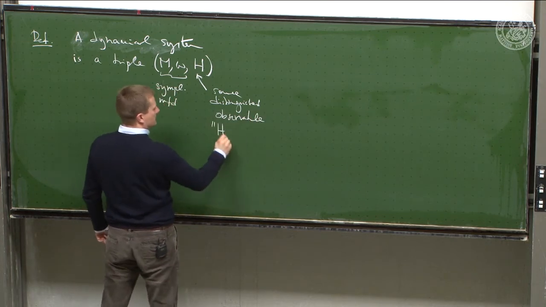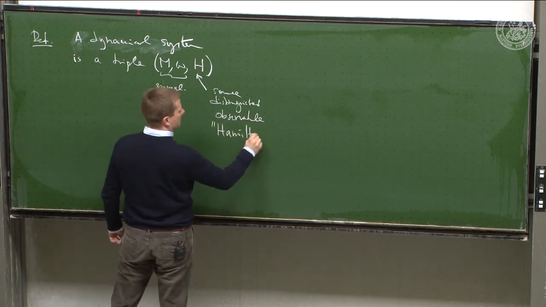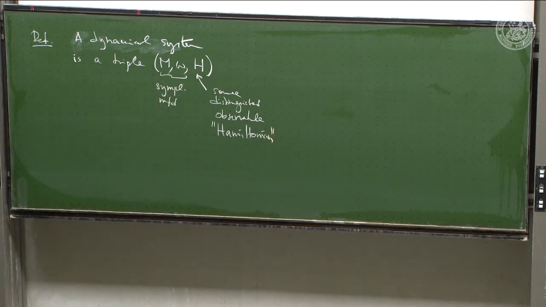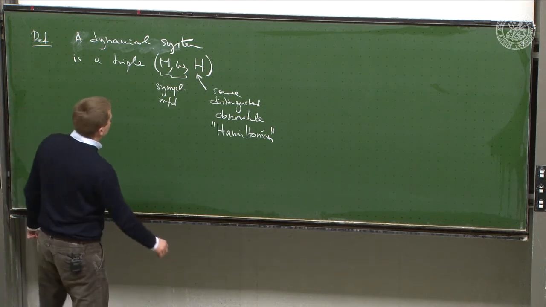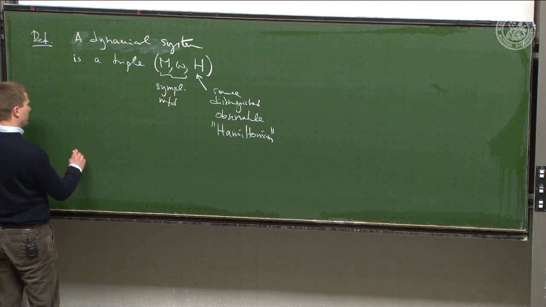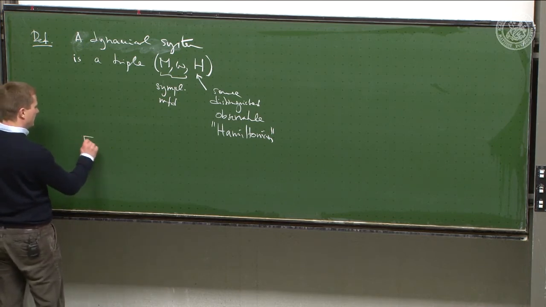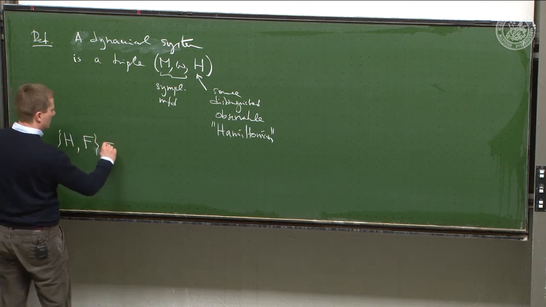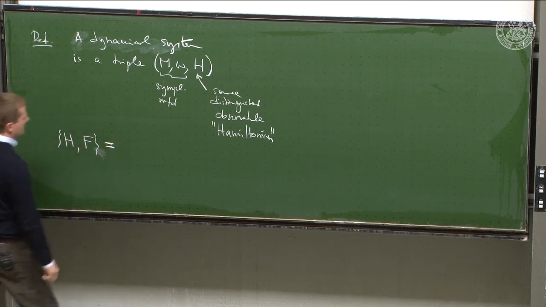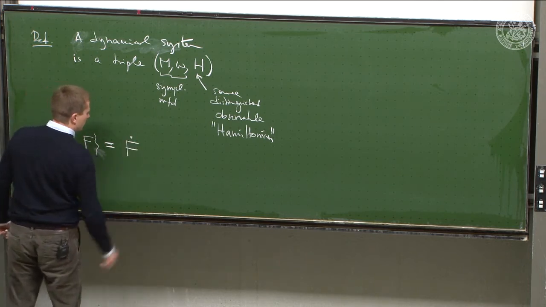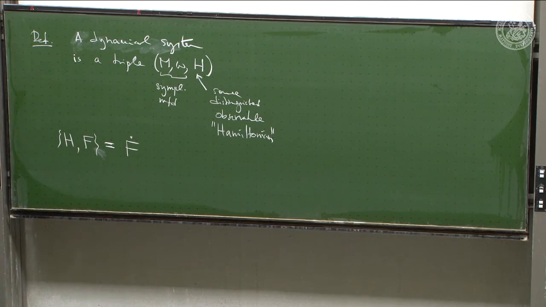That is then called the Hamiltonian. And if you have that, you can define the change of any other observable f, this then defines how the observable changes in time, so you can make the observables time dependent.